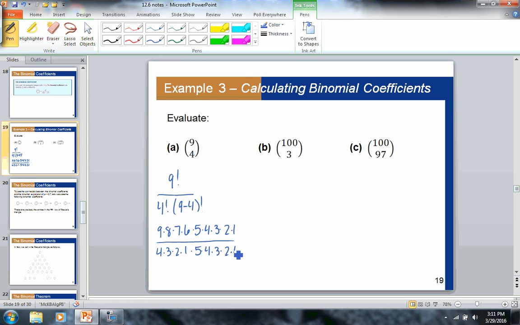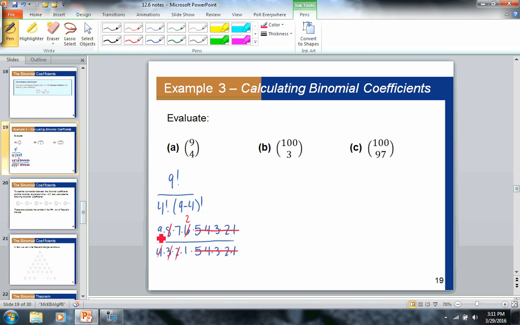Okay? So now I can cancel some stuff out here. I can cancel out 5, 4, 3, 2, 1 and 5, 4, 3, 2, 1. And then there's a couple different ways that you could cancel the numbers here. You could cancel the 4 into the 8. You could cancel the 4 and the 2 to get rid of the 8. And then the 3 goes into the 6 2 times, or you could put the 3 into the 9 3 times, however you want.